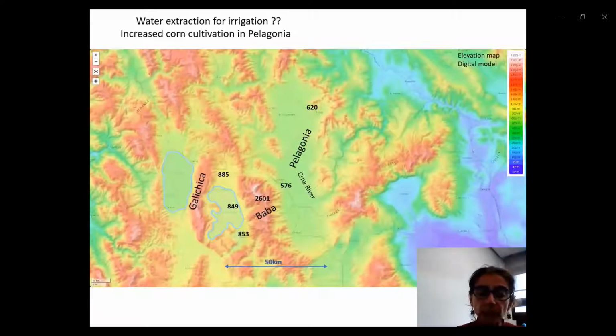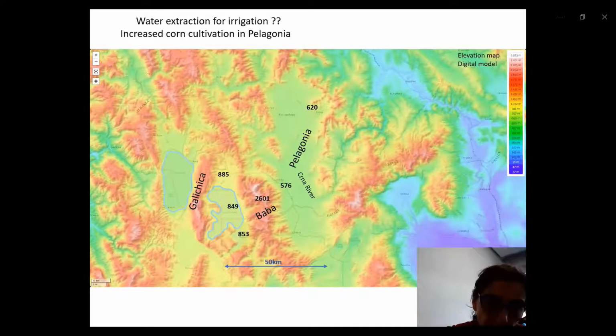What was the reason for this, or what is the reason for this? Well, we don't know exactly, but I want to show you now here the elevation map, a digital model of elevation, showing you the area. So I have put here the altitudes of this area.